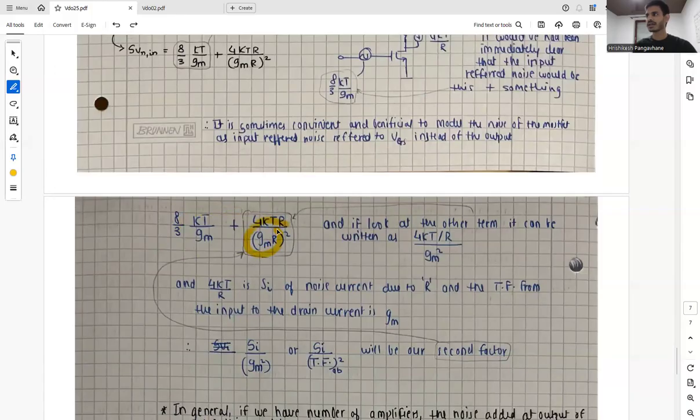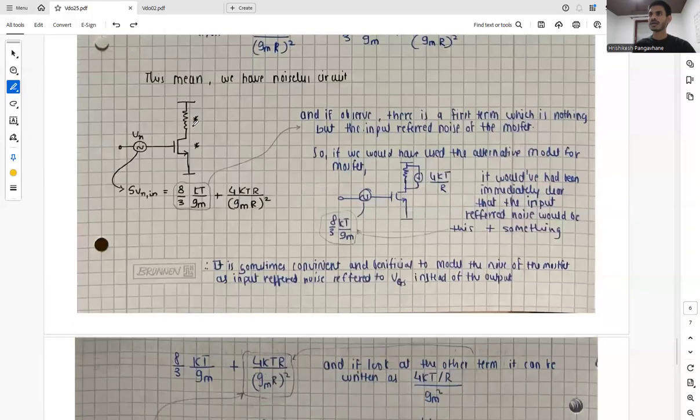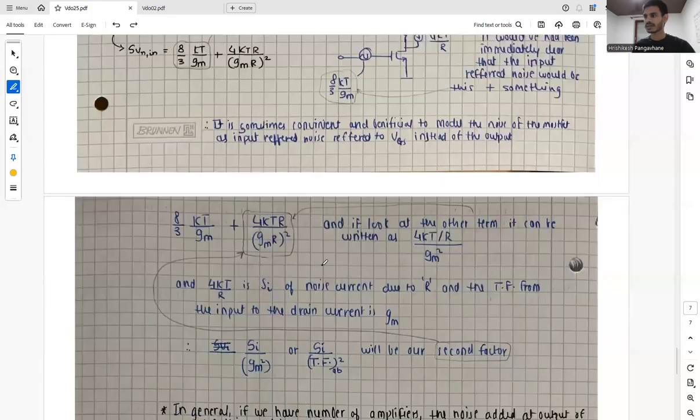The second term, the something, if we look at it, can be written as 4kT by R divided by Gm squared, and 4kT by R is nothing but the spectral density due to the current which is due to the resistor.